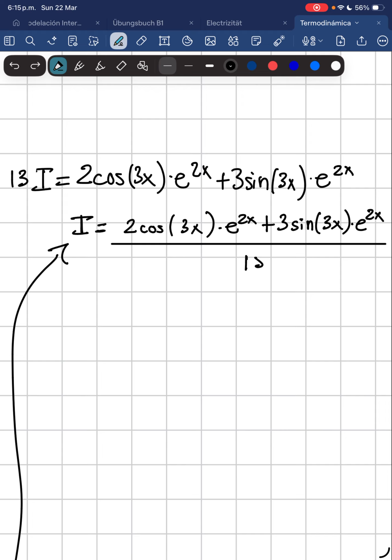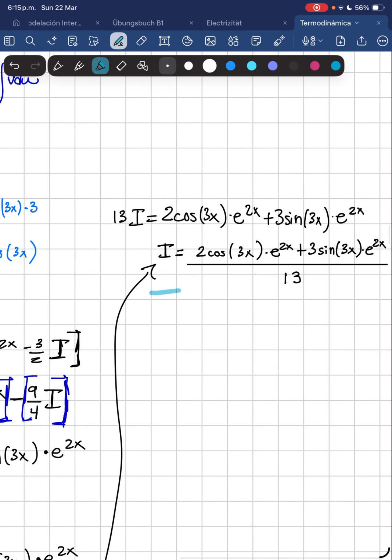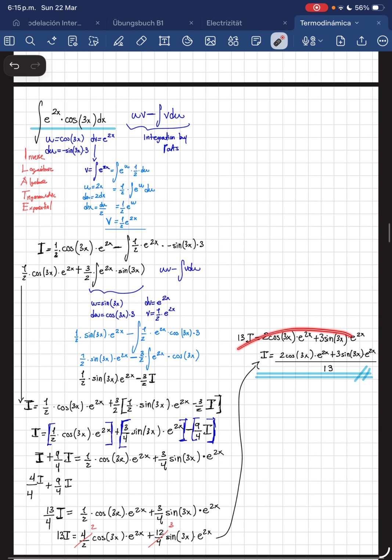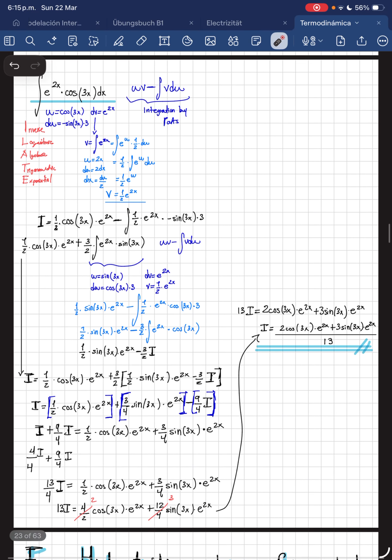So we just got our final result, and that's all guys. Here's our result, here's our initial derivative.